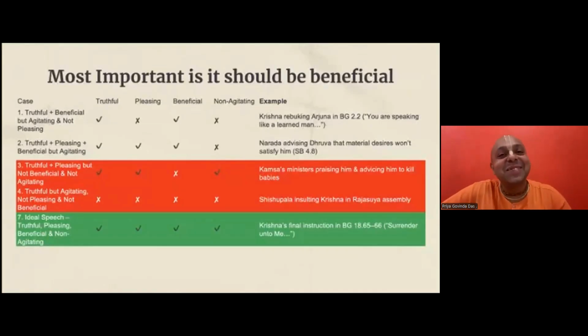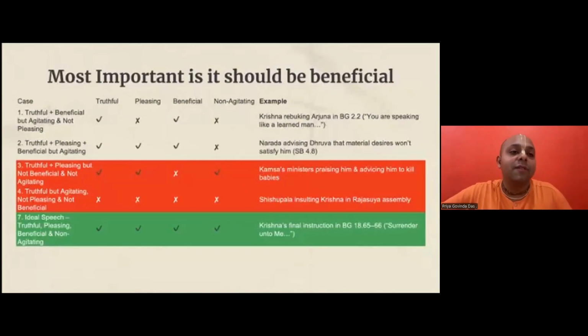He listened to them, and then what happened? He said, yes, call Putana, and let us kill all the babies born. And we know what happened to Kamsa. Shishupal: it was neither truthful nor pleasing nor beneficial, though non-agitating. So these are the talks which don't benefit anybody.